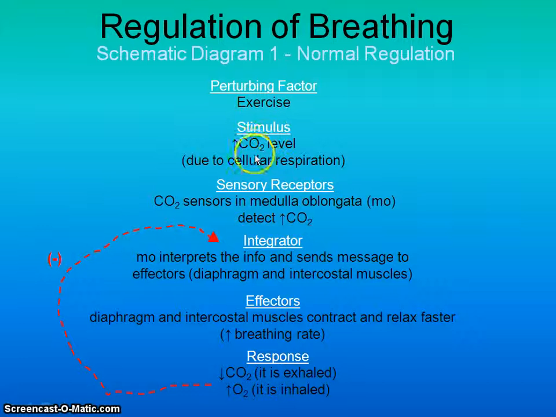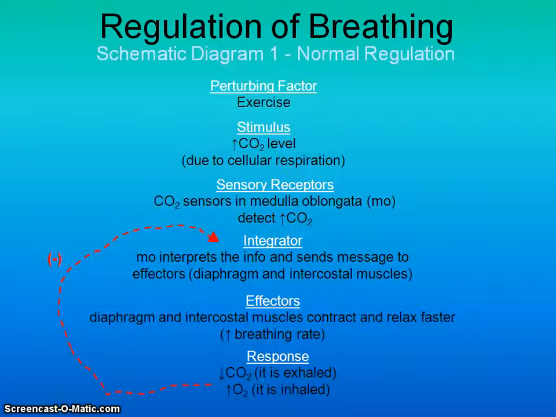The stimulus would be an increase in carbon dioxide due to cell respiration. The sensors that are going to kick in are your CO2 sensors, because they're going to detect the increase in CO2, and they're found right in the medulla oblongata. So there's no need to send a message to the part of the brain because they're already in the medulla oblongata.